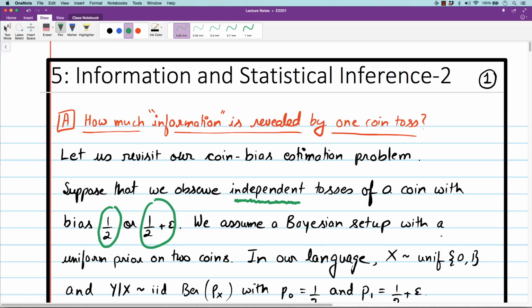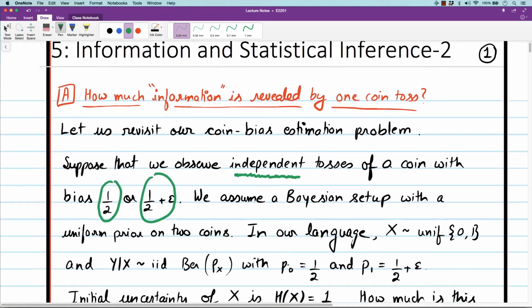And we assume a Bayesian setup where a uniform prior is there on two coins. So there are two kinds of coins, this one or this one. One of them is chosen with equal probability, and then you toss the coin multiple times independently. The question we are trying to answer is how much information about this bias does each coin toss reveal?